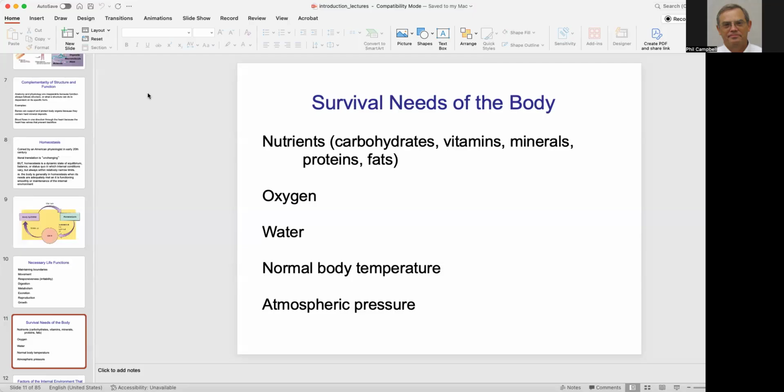That means it's going down its concentration gradient. There has to be more oxygen out here than in here. If I reverse that, it's going to go the other way, and I'm not going to be able to take in oxygen, and eventually I'll run out of oxygen and I will die. So atmospheric pressure is critical.